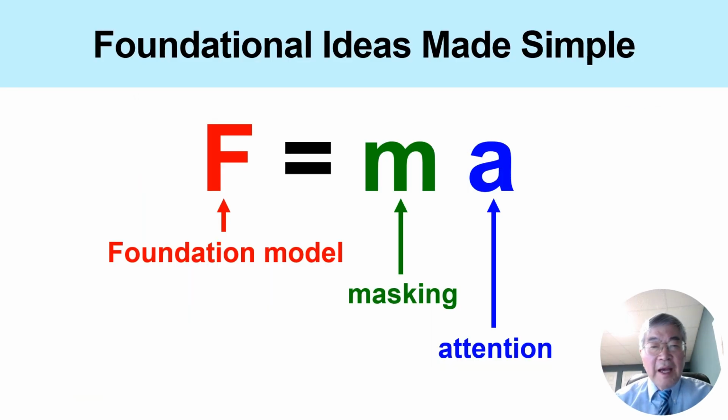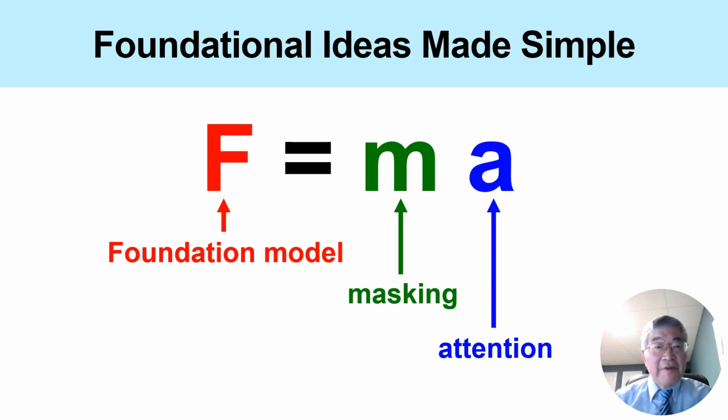Why are these data-driven technologies, AI, deep learning, and foundation models, so powerful? We don't have a thorough theory yet, but we do have some understanding. On this slide, I try to reuse Newton's second law, F equals ma, but here we try to explain the fundamental ideas behind foundation models.